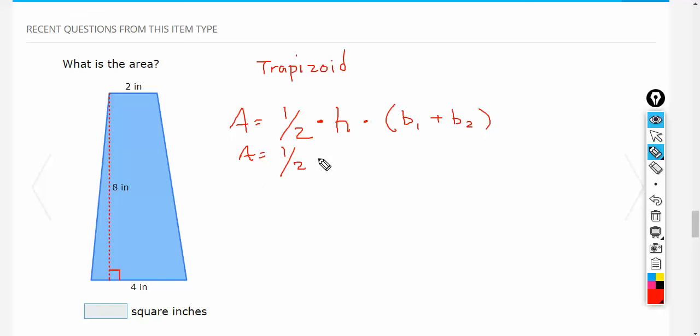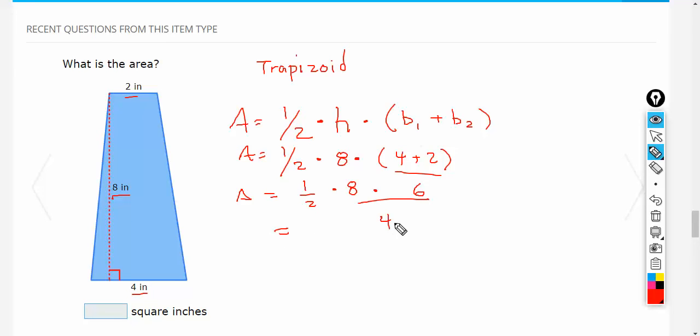I'm gonna write a little bit smaller, times the height, 8, times the sum of the bases. So the sum of the bases is 4 plus 2, which equals 6 times 8 times half equals the area. 8 times 6 is 48.